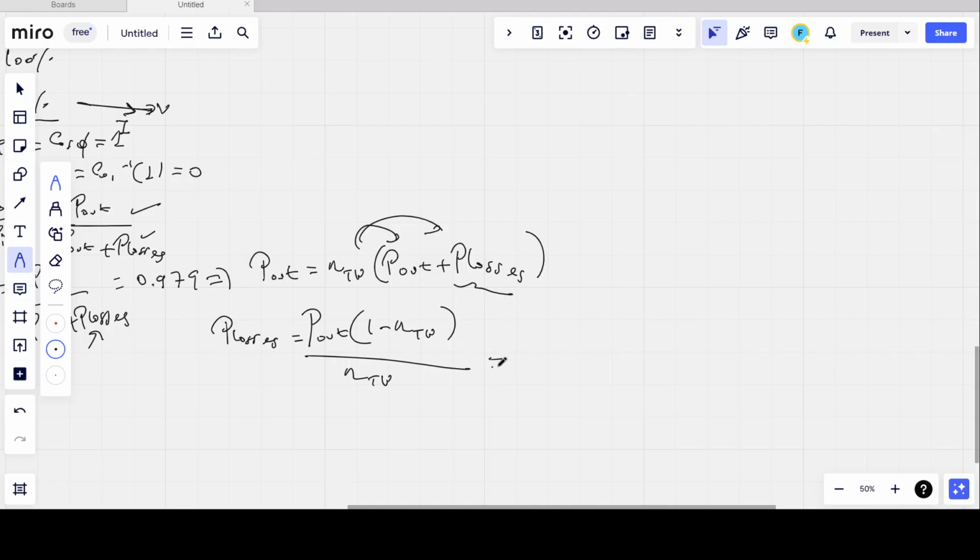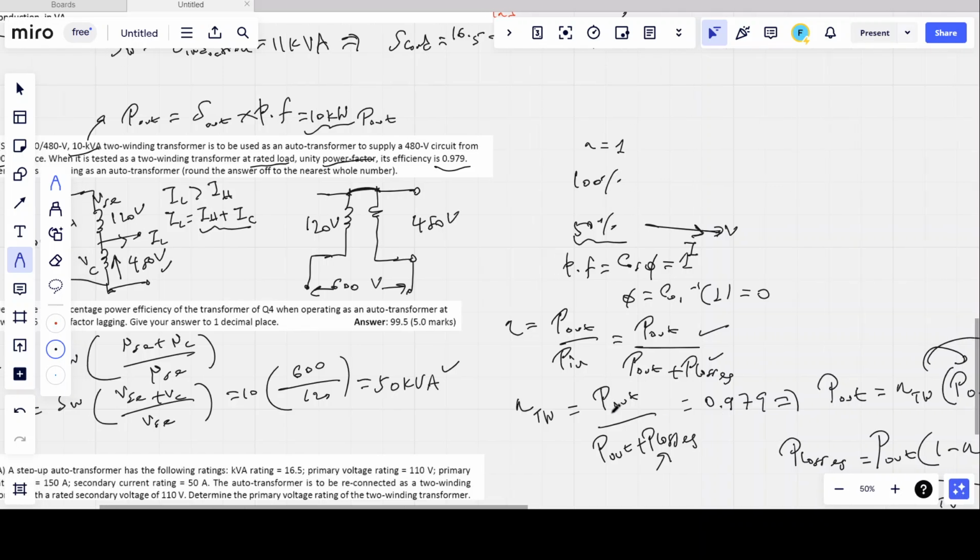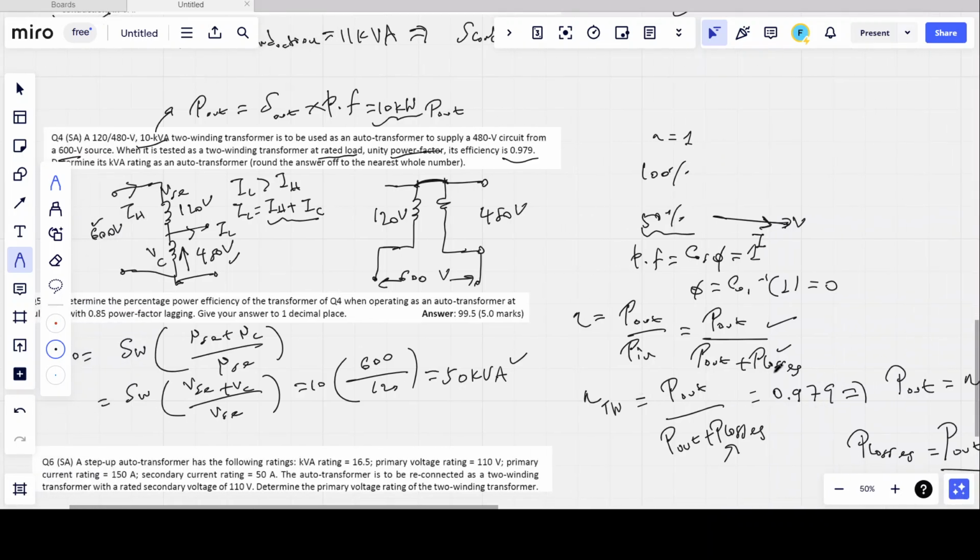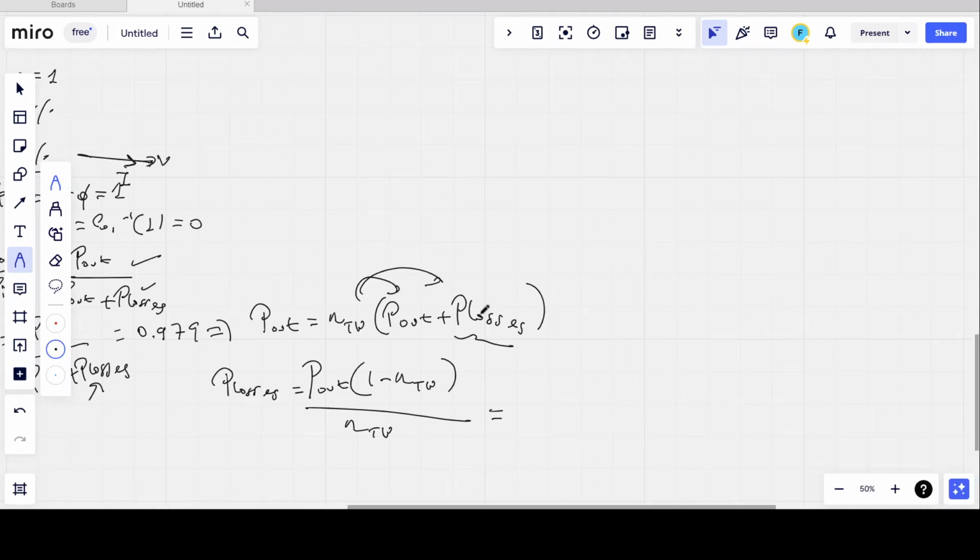I have the power output as a two winding, which was given here as 10 kVA times the power factor, which is unity. So it's 10 times 1, or 10 times cos of 0, which is 1.